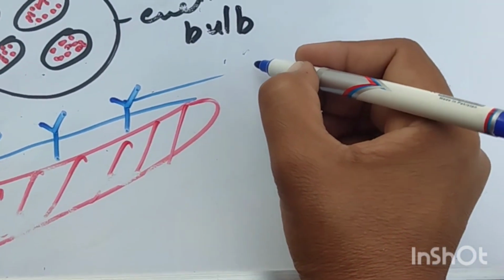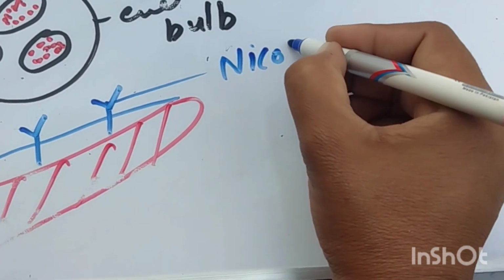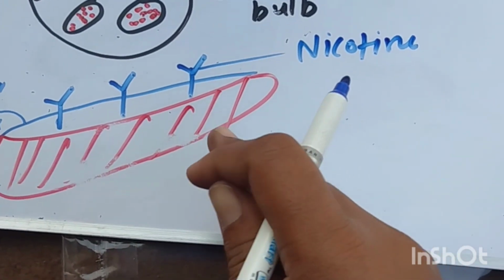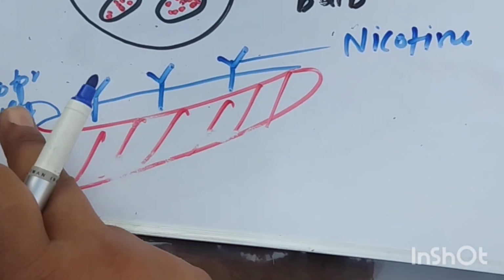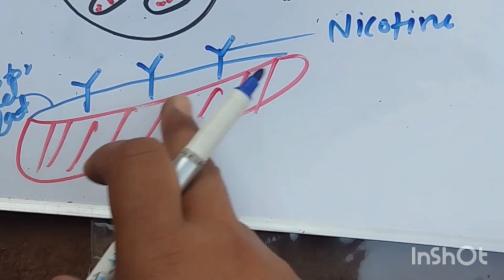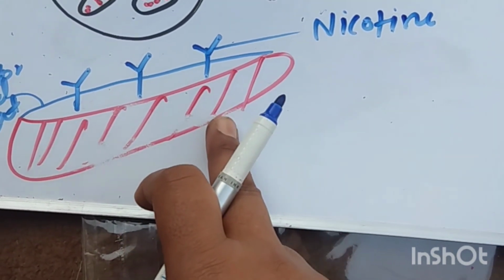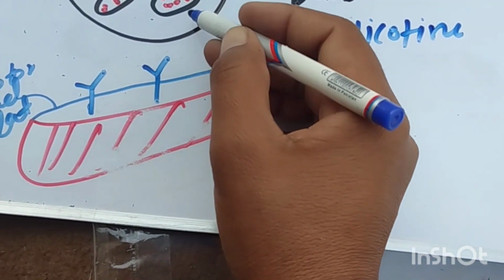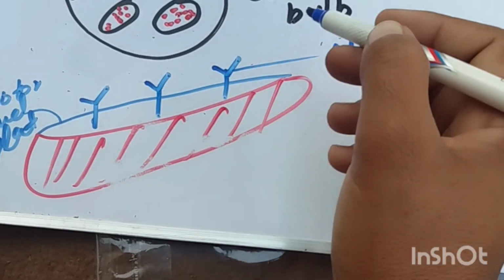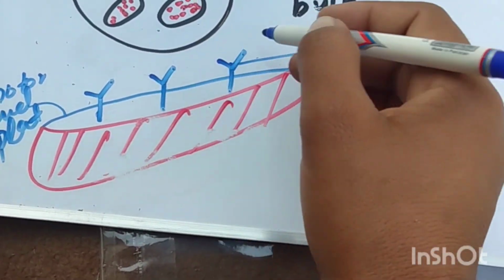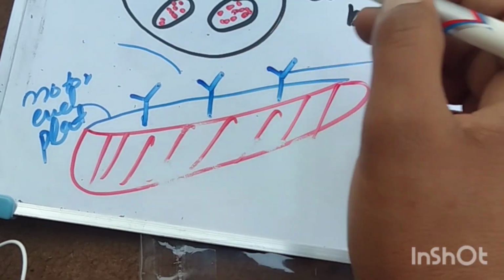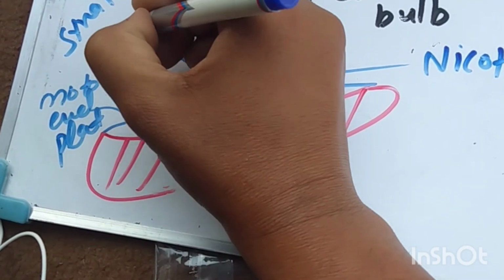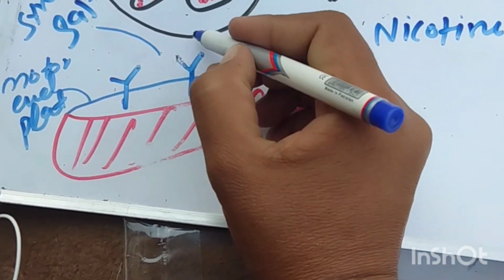The name of these receptors is nicotine receptors. Nicotine receptors attach to the motor end plate, and the motor end plate is lined with our skeletal muscles. So the space between the motor neuron and the muscles is called the junction. This junction is a synaptic gap. This is our synaptic gap.